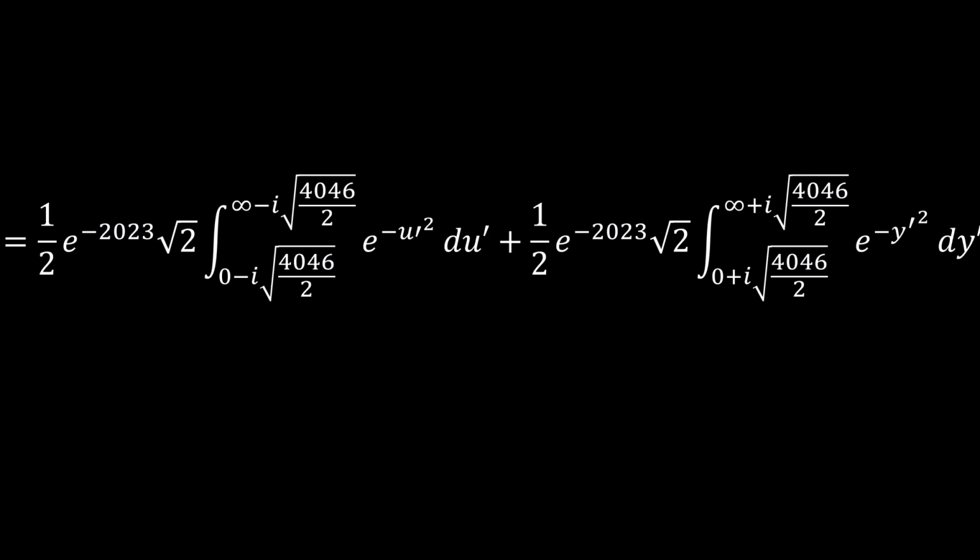One may wonder, yuck, there's a lot of i in the limits. Oh, this is intimidating. But this is easy. If you've done contour integrals or complex integrals, this would be easy peasy.